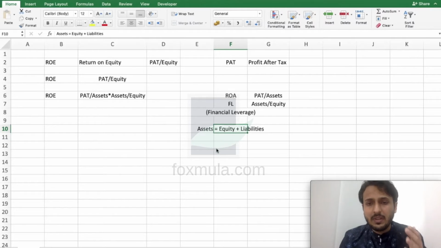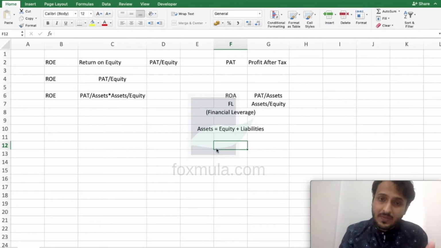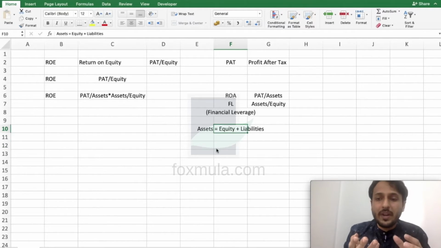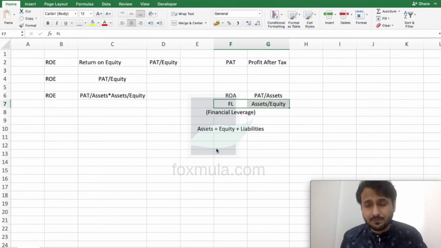Now, if liabilities increase, that means if debt is high, then liability is going to be high, and that is why assets as compared to equity will be higher. So this ratio, assets upon equity, this financial leverage, is going to be higher if you take high debt. Taking high debt will increase your return on equity.